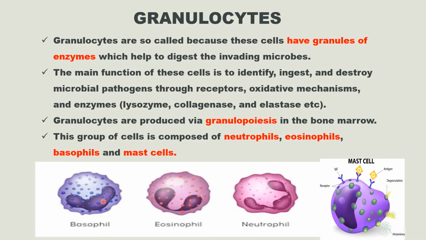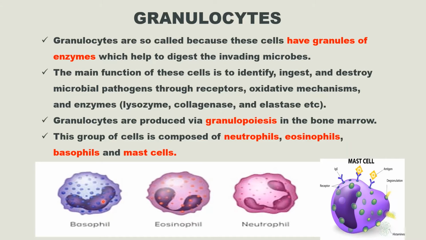The main function of these cells is to identify, ingest and destroy microbial pathogens through receptors, oxidative mechanisms and enzymes. The enzymes present inside these granules are lysozyme, collagenase and elastase, which help to digest or kill invading microorganisms. Granulocytes are produced via granulopoiesis in the bone marrow.